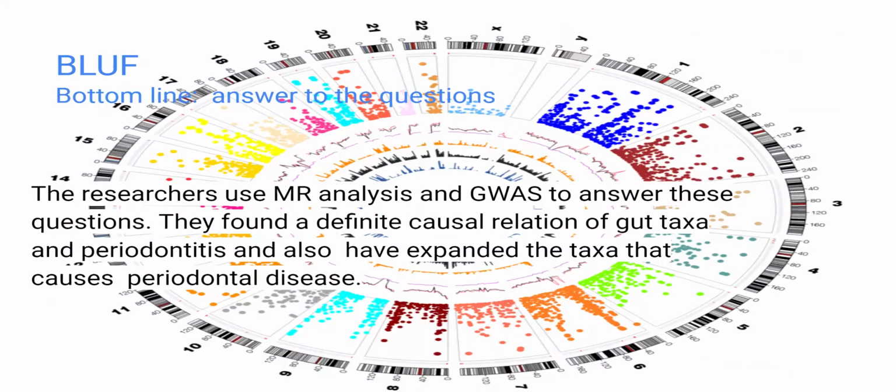Here we have the bottom line answer to the question: researchers used MR analysis, that is Mendelian randomization analysis, and GWAS, that is genome wide association studies, to answer these questions. They found a definite causal relation between gut taxa and periodontitis in this study, and also expanded the taxa that cause periodontal disease.